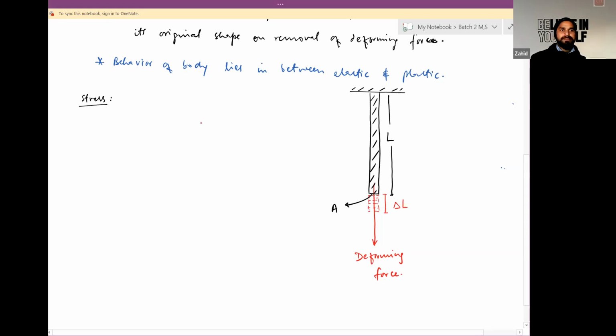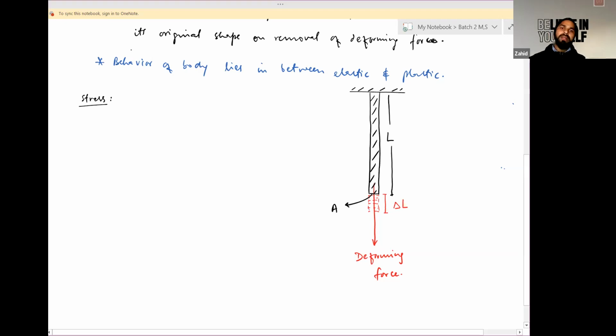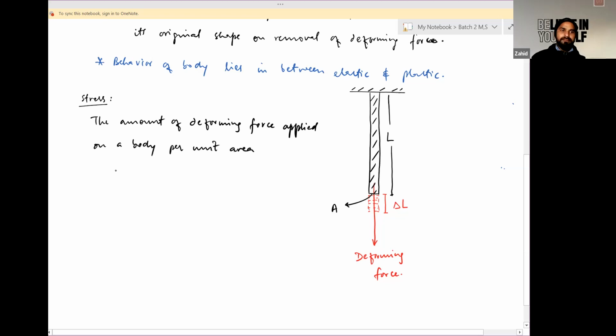So first is stress, which is the amount of deforming force applied on a body per unit area. So stress is the amount of deforming force applied on a body per unit area.